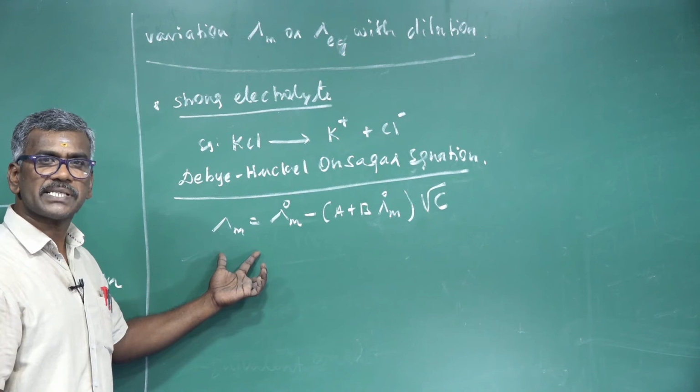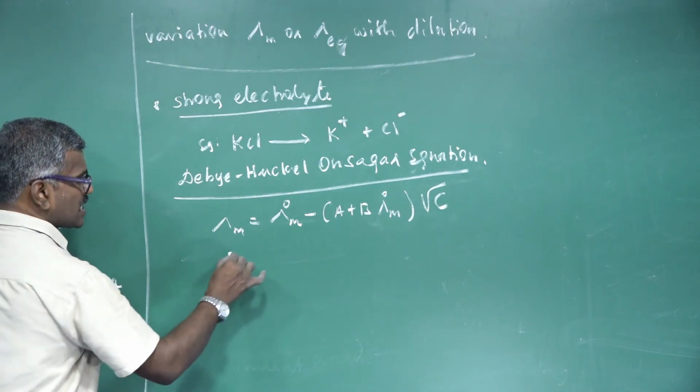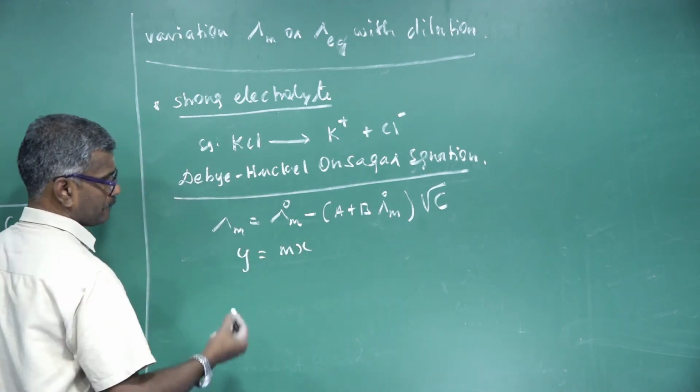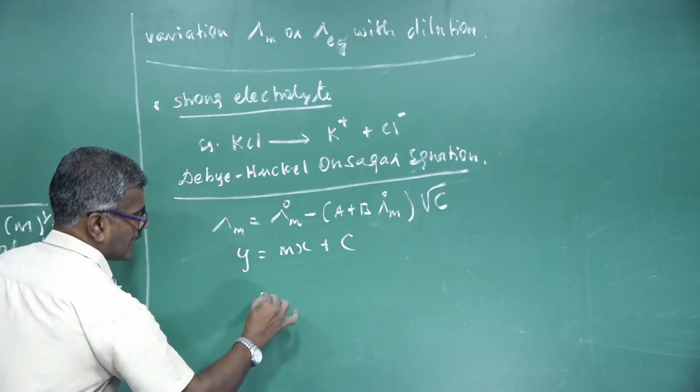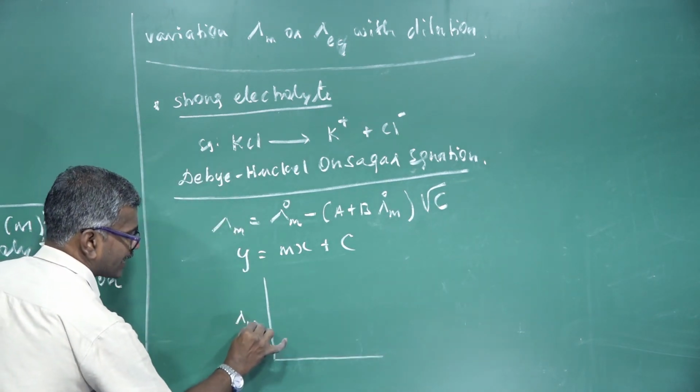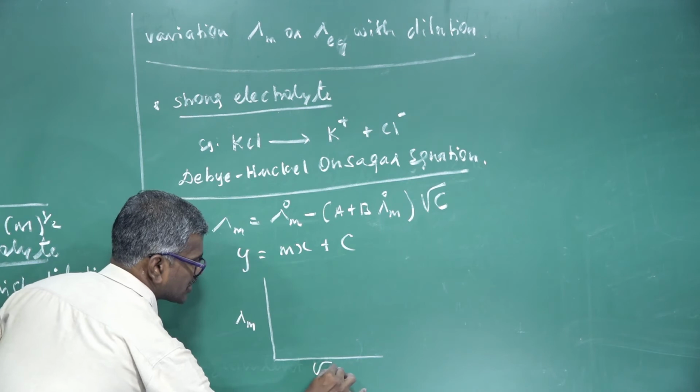This equation represents a straight line, y equals mx plus c. Plot a curve between molar conductance and root C.